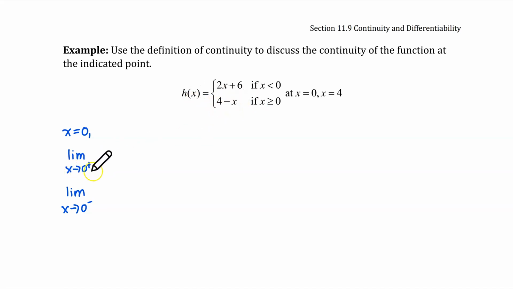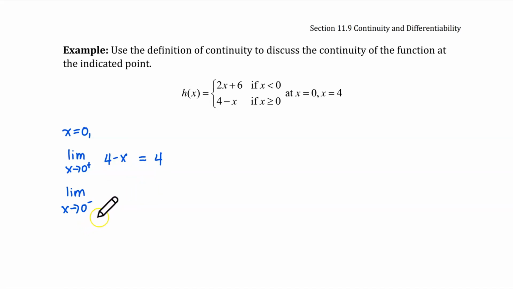So x approaches 0 from the right means right side of 0, or greater than 0. When x is greater than 0, the function is equal to 4 minus x. And then evaluating the limit here, we just plug in 0. So we have 4 minus 0, which is equal to 4.